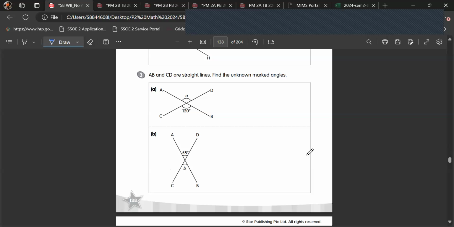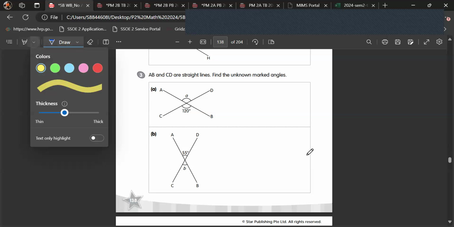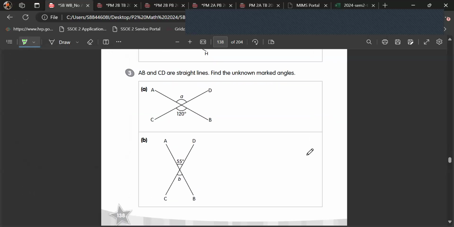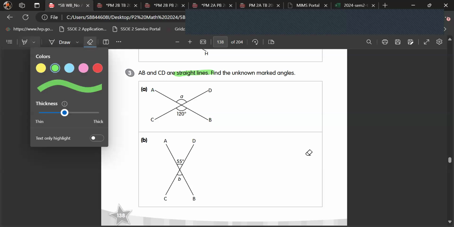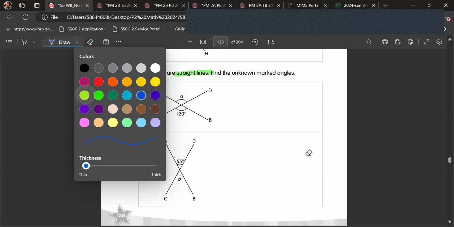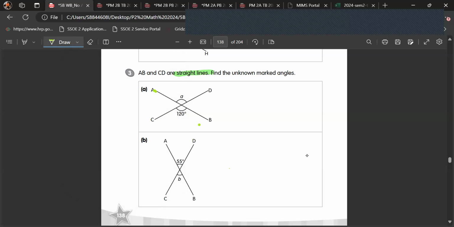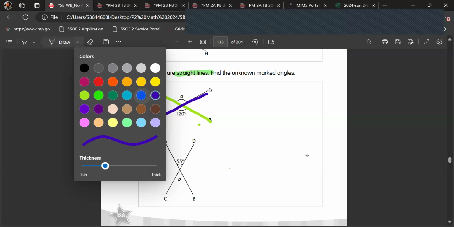Okay, so I think most of us are able to identify that as long as you can recognize the straight lines, A, B, and then C, D. Once you can identify the straight lines, it is easier to solve the questions.